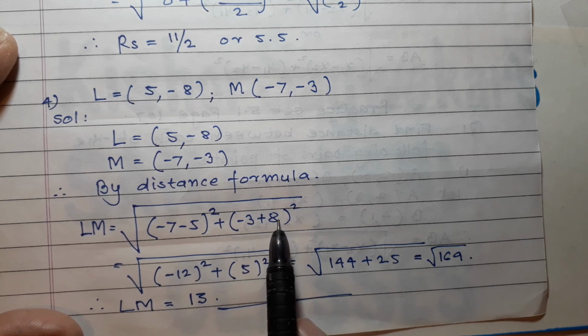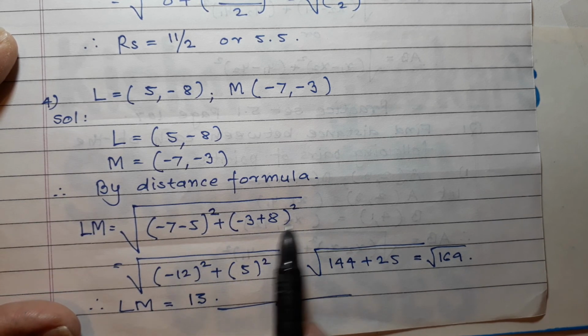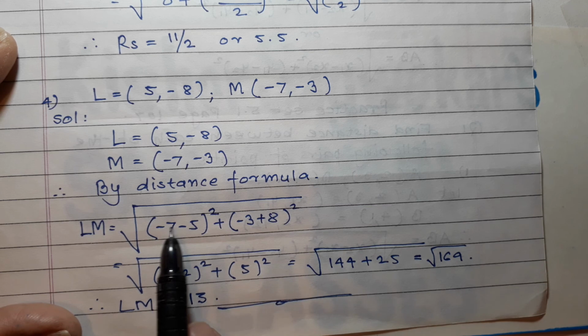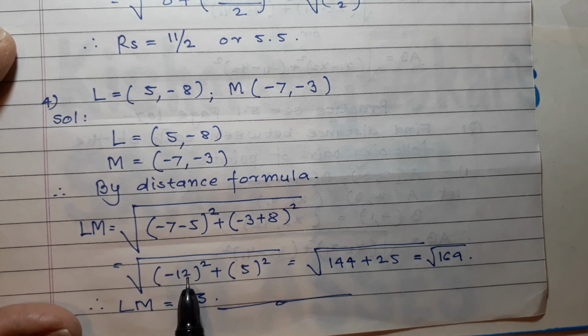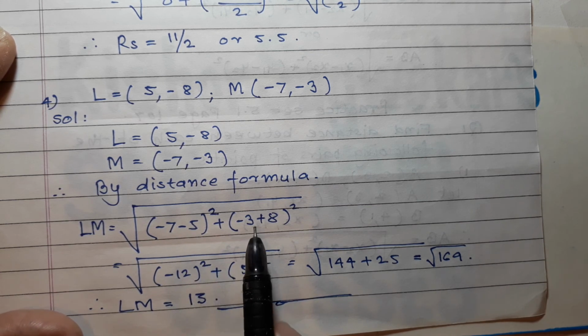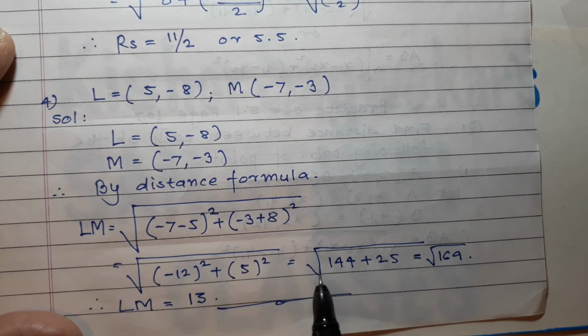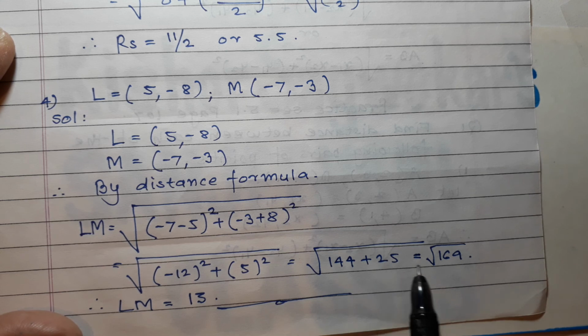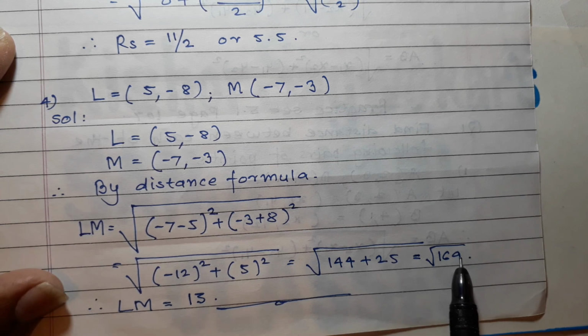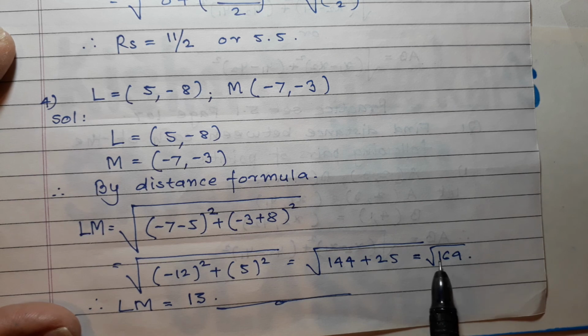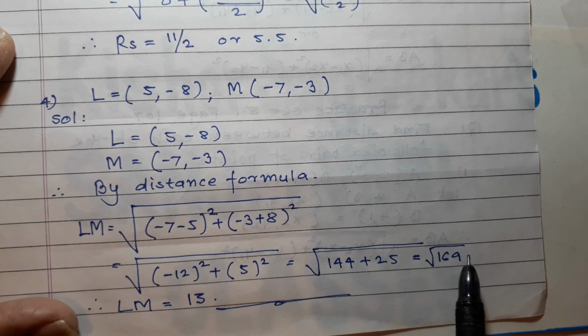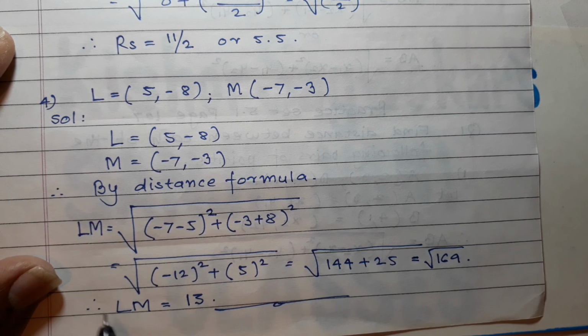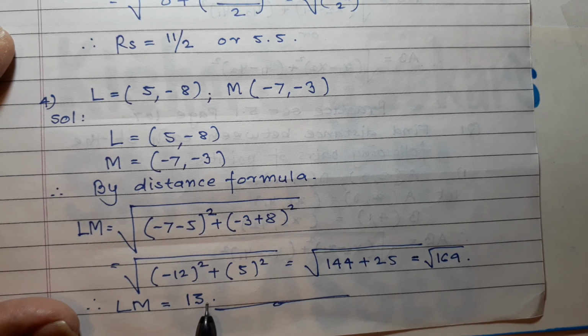So minus 3 plus 8 square. Simplify this. So minus 7 minus 5 is equal to minus 12 square plus minus 3 plus 8 is equal to 5 square, and therefore LM is equal to under root 144 plus 25 is equal to under root 169. So 169 is square of 13, and therefore LM is equal to 13.